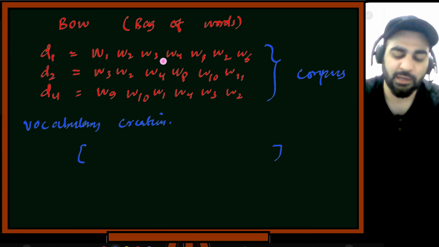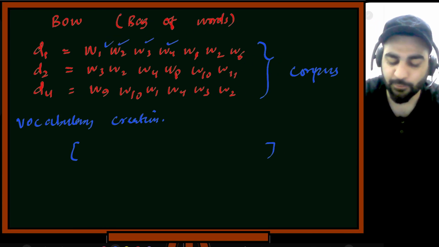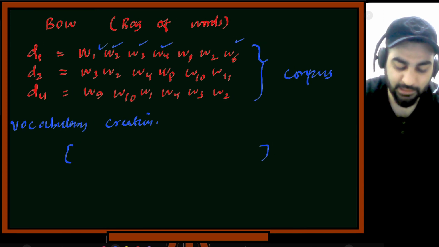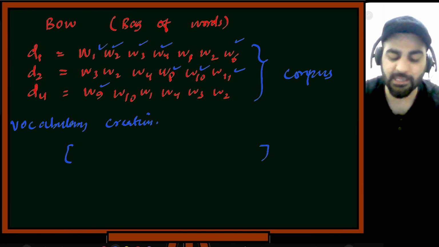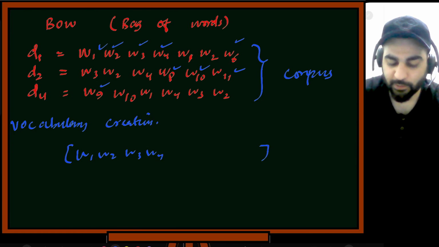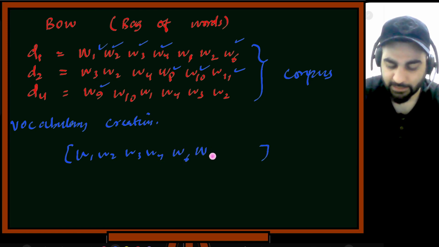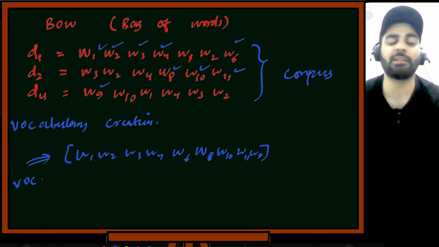From this corpus, you see W1, W2, W3, W4, W6 and W8, W10, W11, W9. These are the unique words. W5 is not there, W6 we have, W8, W10, W11, and W9 is also there. This is our vocabulary, so this is the first step.